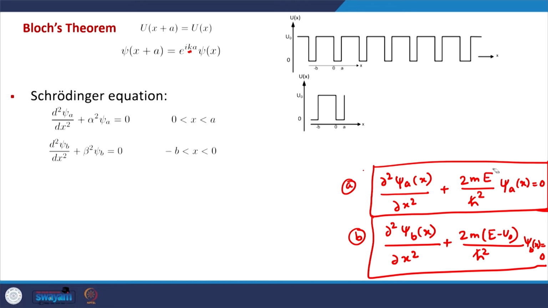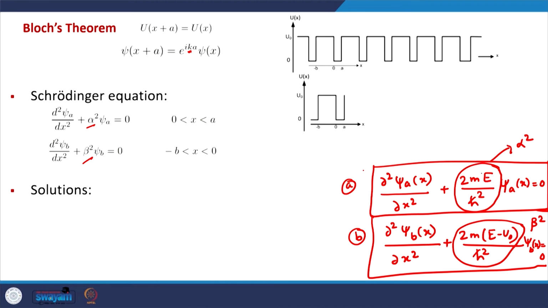So this parameter can be defined as sort of alpha parameter, alpha square. Let us define it to be alpha square, and let us define this to be beta square, as is clear here.